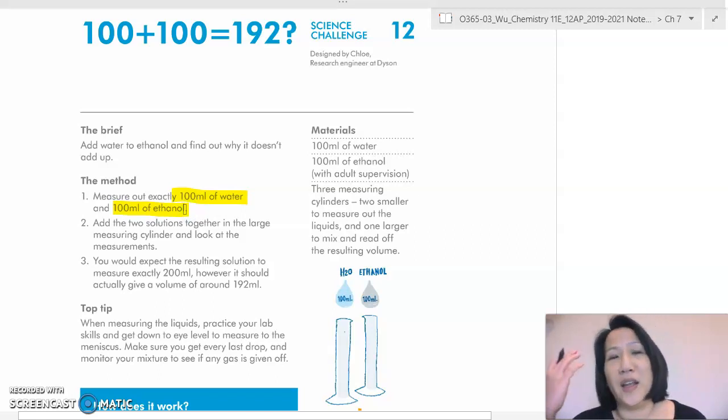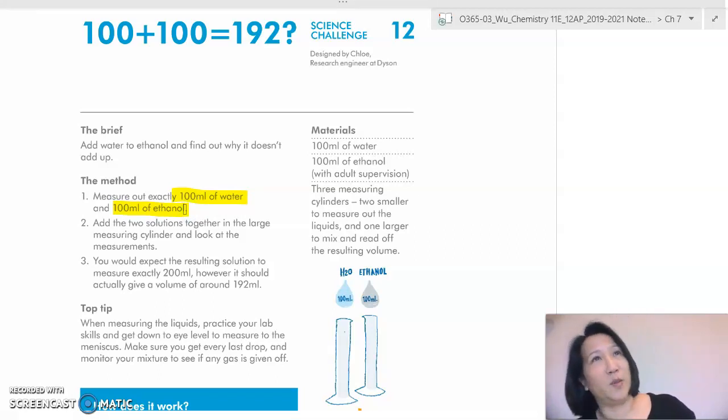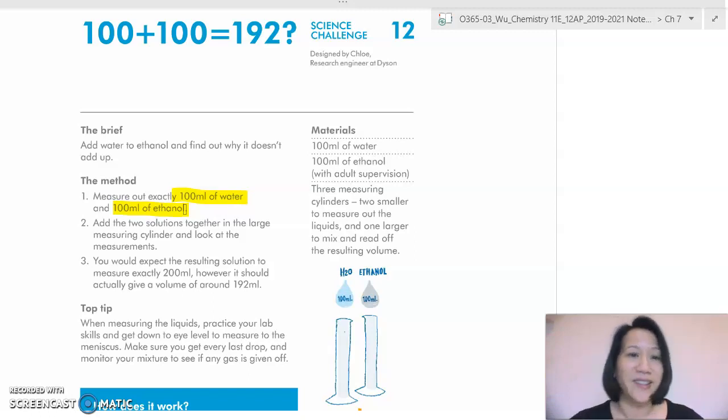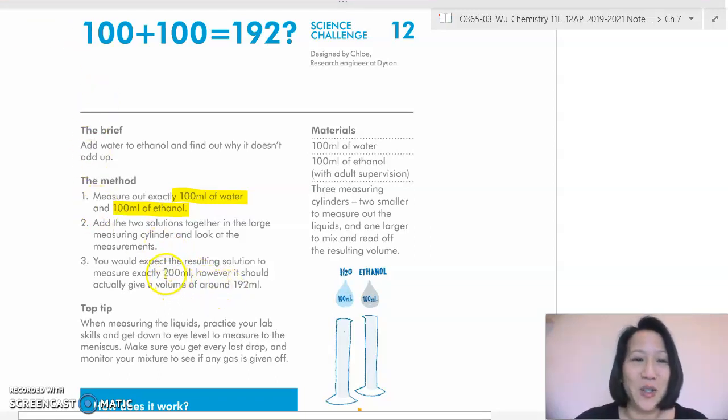Now, if I had some isopropyl alcohol at home, I would have demonstrated this, but I don't. My sister took it all to make that sanitizer, you know, so I can't. And if we pour the two together, you would expect to get a final volume of 200, right? But actually, you would see that the total volume is only about 192. What's going on?